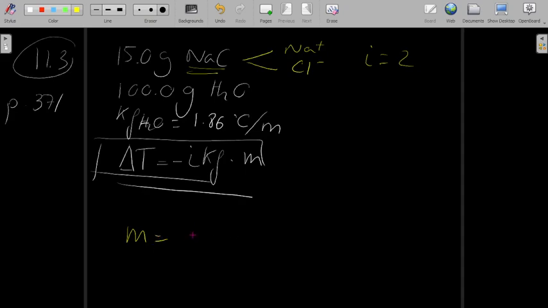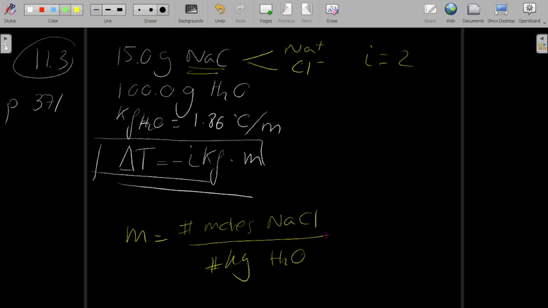What is that? Well, the number of moles of my solute, and here is your salt. Remember that. That's your salt. Divided by the number of kilograms for my solvent, which is water. Great. Do I have the number of moles for the sodium chloride? No, I have grams, but I know how to translate this. I'm going to put it directly up here. 15.0 grams of sodium chloride.